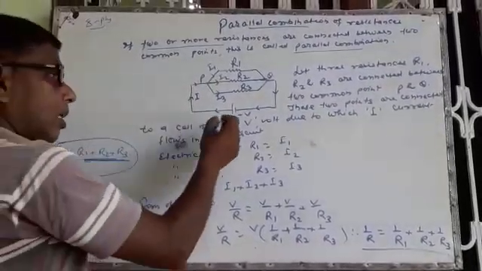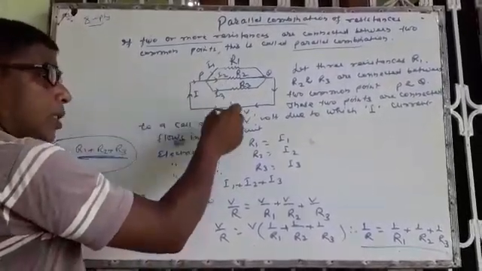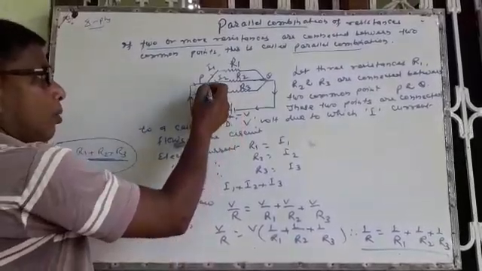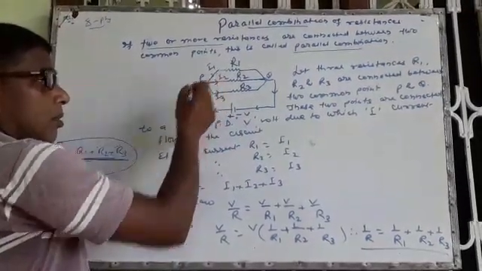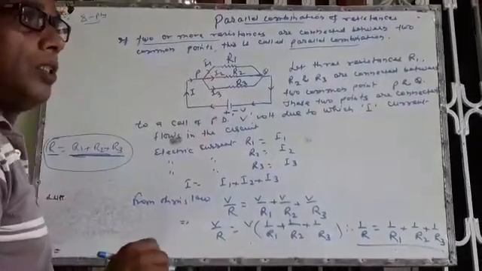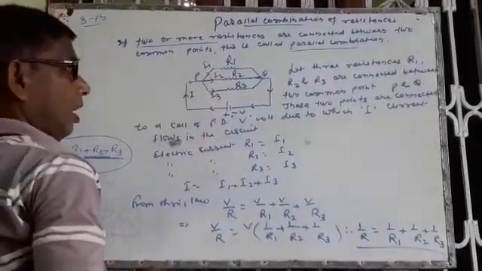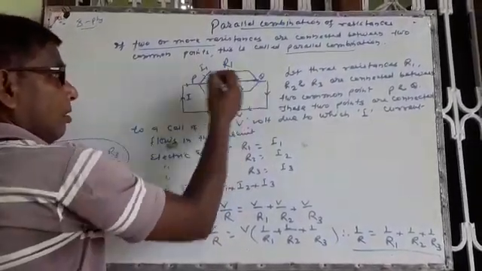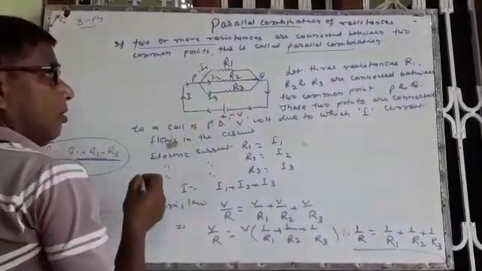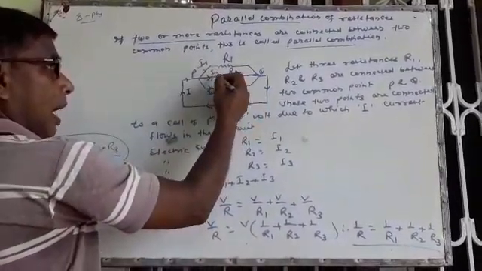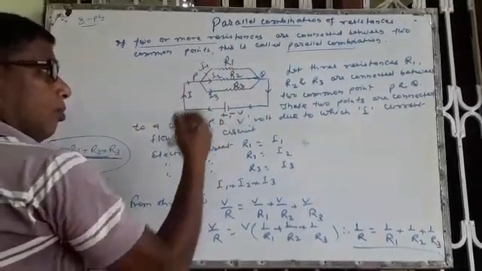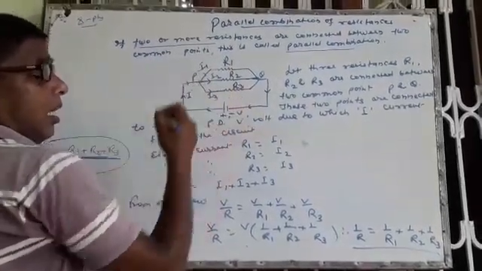When the electric current produced by this cell comes to this point P, it splits into three branches. Through R1 current I1 flows, through R2 current flows, and through R3 current flows.